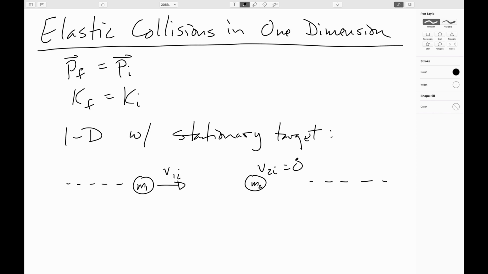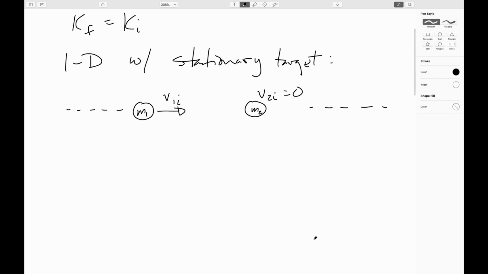V2 initial is 0. Now, for the purposes of the algebra, I'm using implicit signs. So this means I'm going to be assuming mathematically that the objects are heading to the right. If we solve and get negative answers, that's not the end of the world. That means the object is actually going to the left.